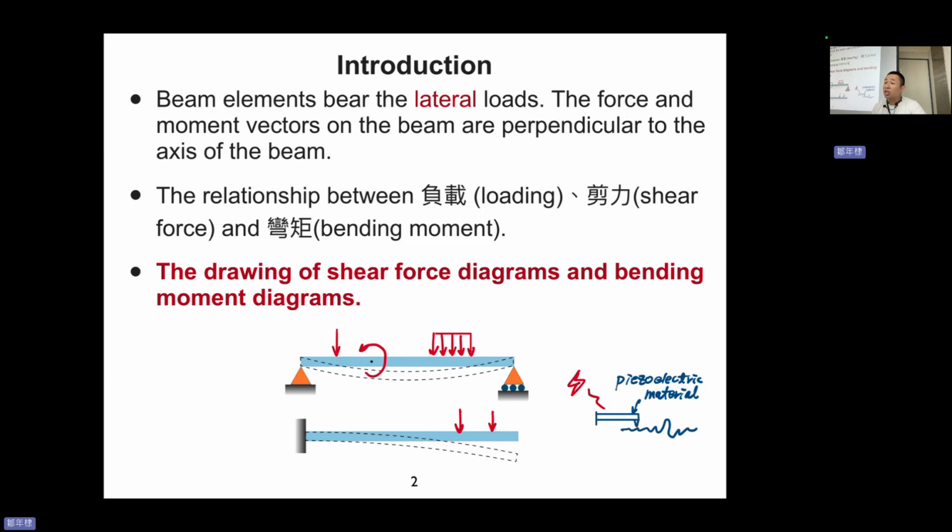So the voltage signal can be collected, and then we can know the deformation. And then if you know the deformation, you can convert this information to construct the surface of the material.